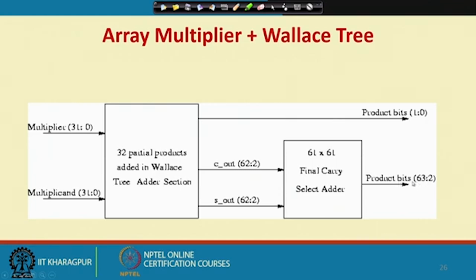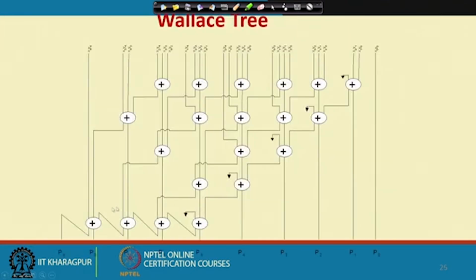So, the initial bits have been generated from this, and the other 60 bits, as this is a 32 by 32 multiplier, have been generated from this final carry select adder. Okay.